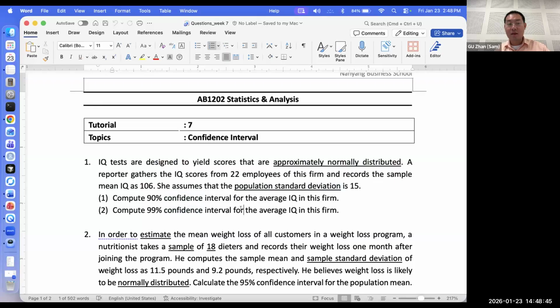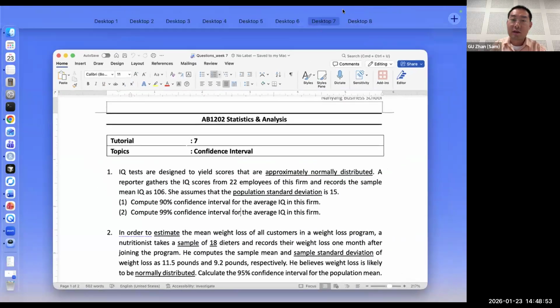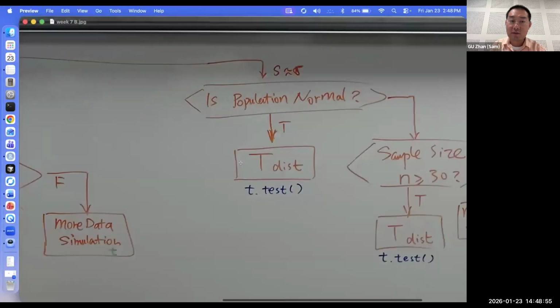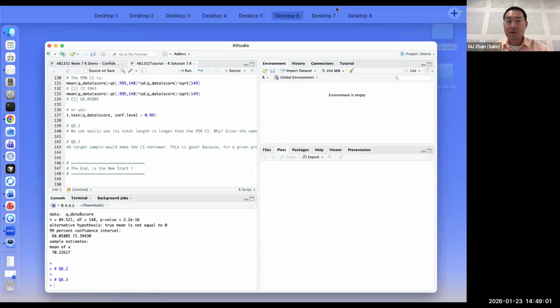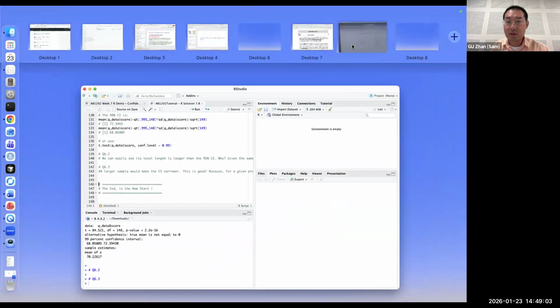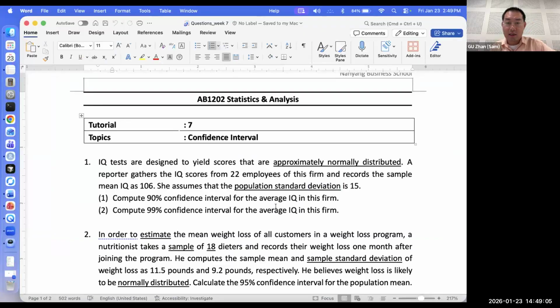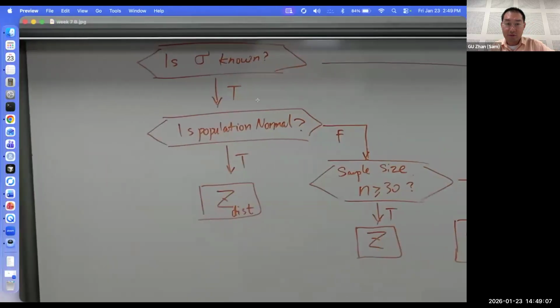First, you determine whether you should use the Z distribution or the t distribution to calculate the critical value. We follow this decision tree. First, is the population sigma known to you? Yes, it is known, it's 15, so go down.